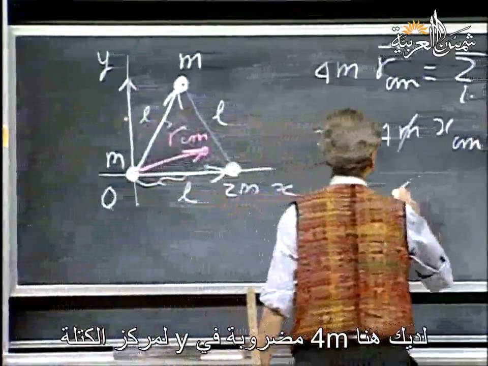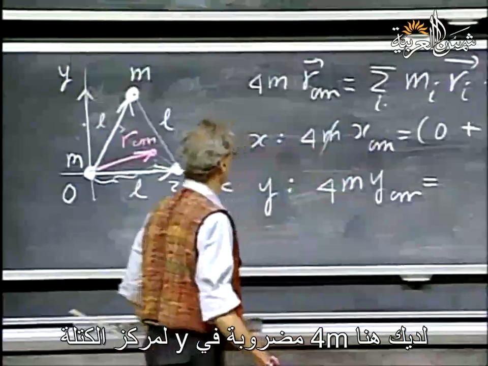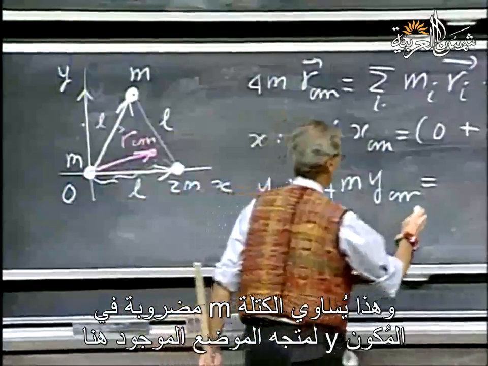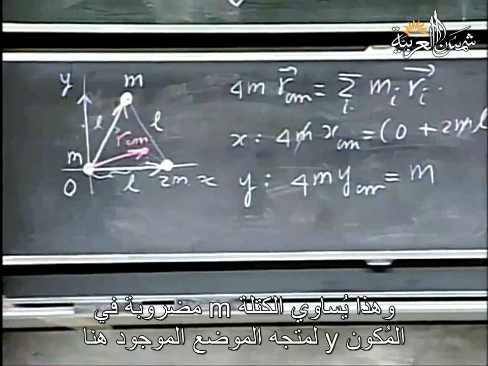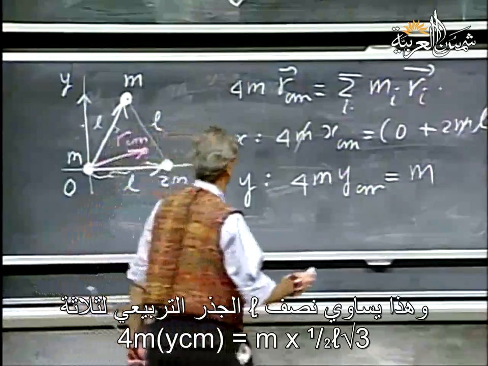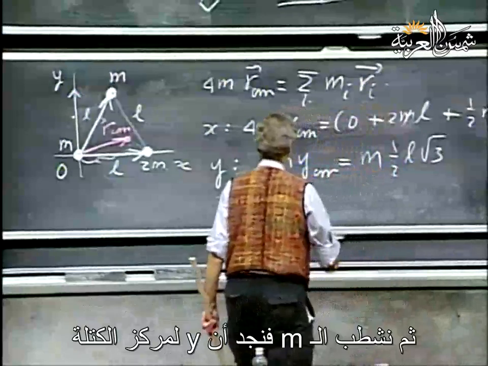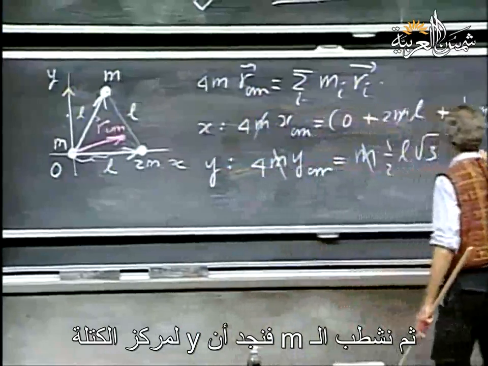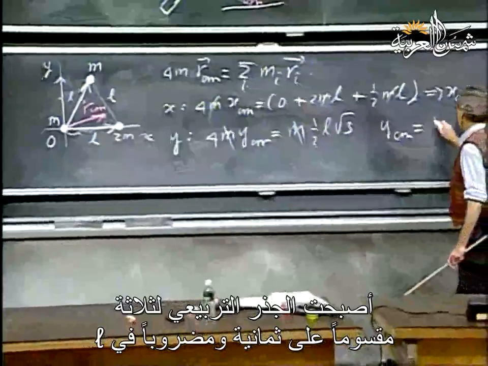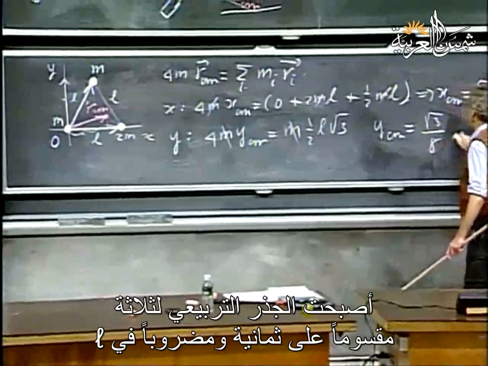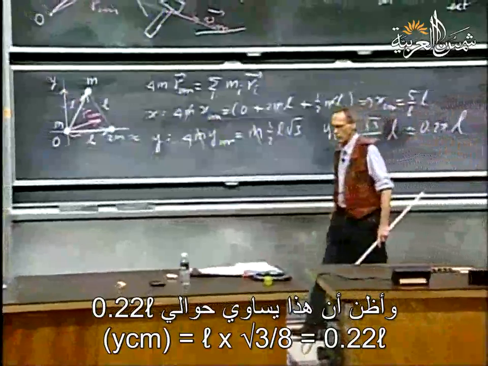You're going to get that 4m times y of the center of mass equals this mass m times the y component of that position vector, and that is 1/2 L square root of 3. And so you lose your m, and so you see that y center of mass then becomes the square root of 3 divided by 8 times L. And I think that's about 0.22 L very roughly.